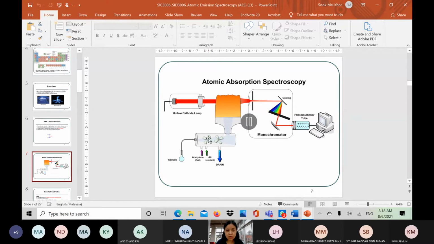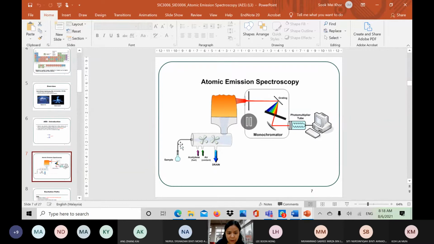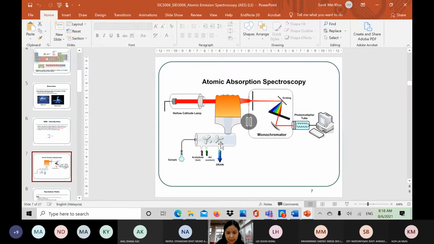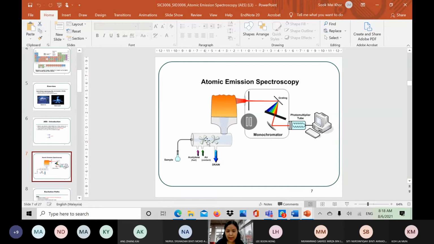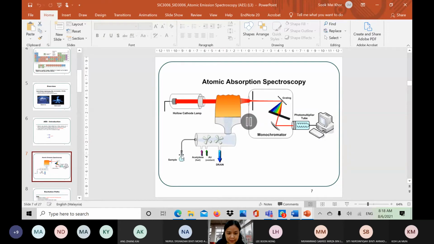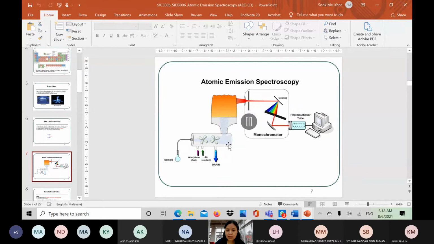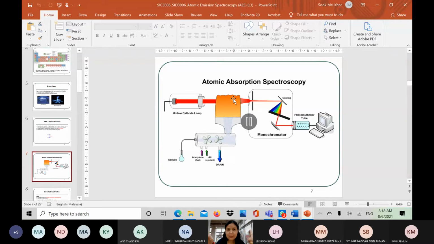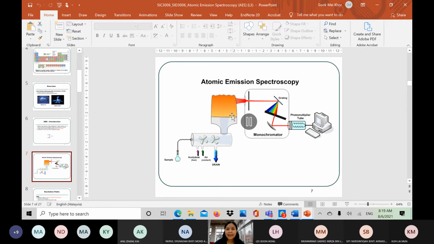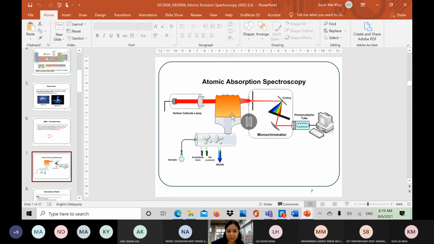So this is related to the flow rate, how fast you introduce the sample. This can all be controlled by the computer software. And how fast these samples in liquid form are aspirated to become fine droplets and introduced into the energy source, into the flame, and get atomized and excited.